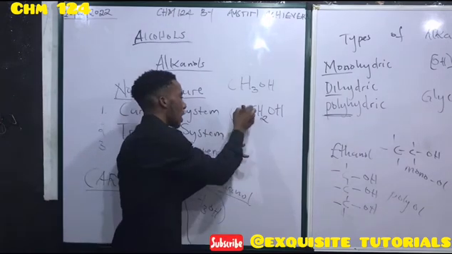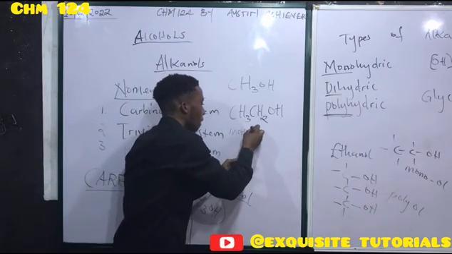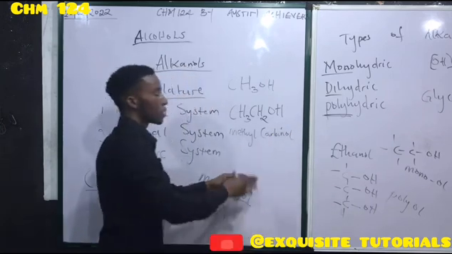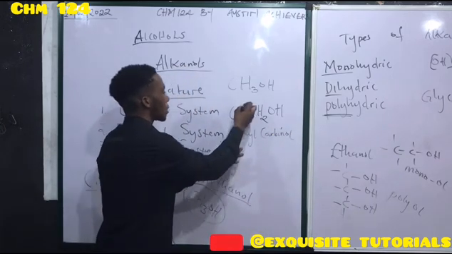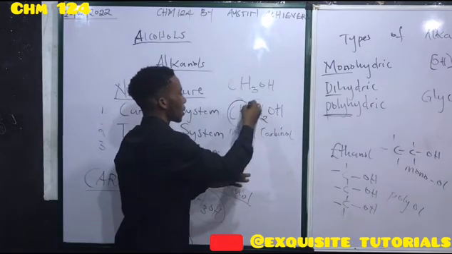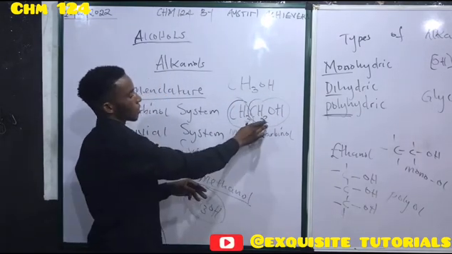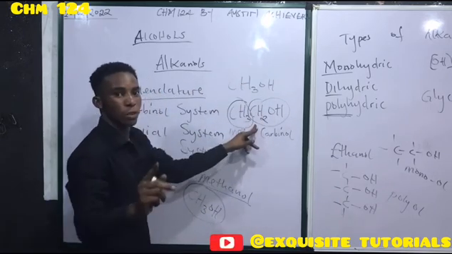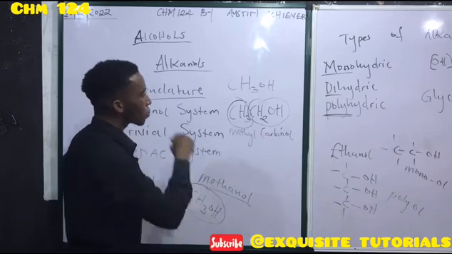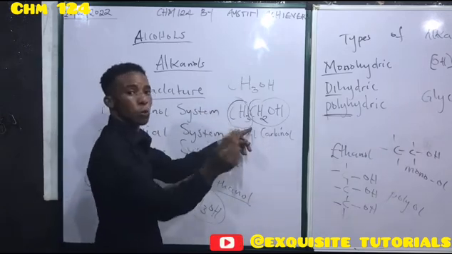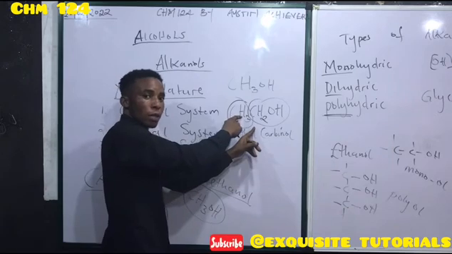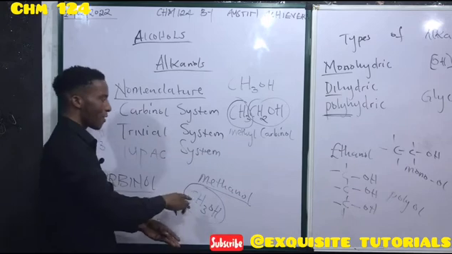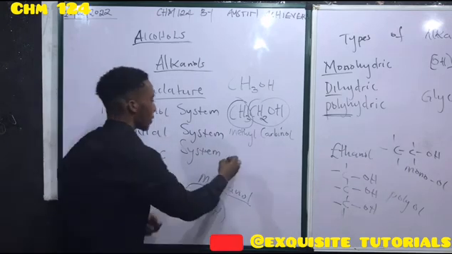This is methylcarbinol. This is methyl. This is the carbinol group. Are you not seeing that the difference between this and this is one hydrogen? Are you not also seeing that one hydrogen has been substituted for an alkyl group here? So we say that all alcohols are derivatives of methanol. Then look at this also.